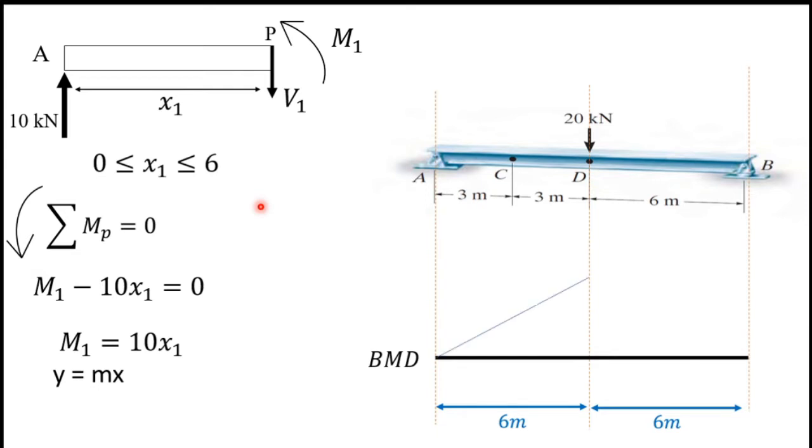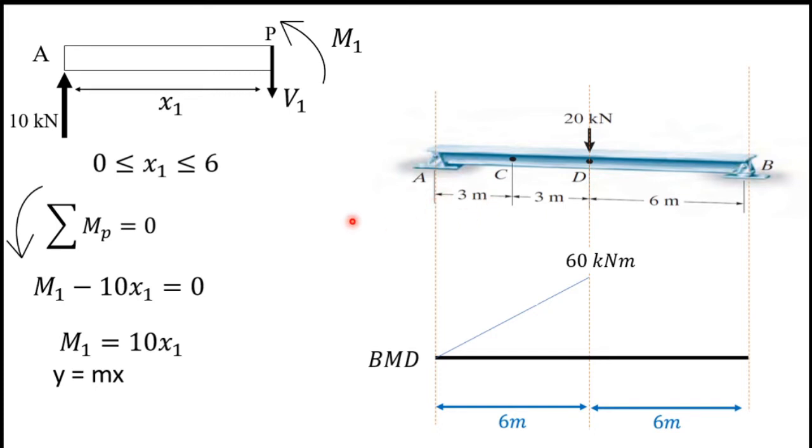It's like this. This is a y equals mx shape, and the value at this point can be found by substituting x equals 6 into this equation. Then I will have the bending moment at this point as 60 kilonewton meters. Since we have to find the slope at C, we have to find the moment at this point, which is a distance of 3 meters.